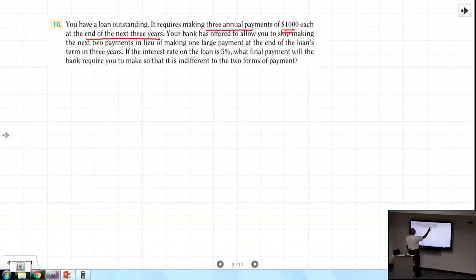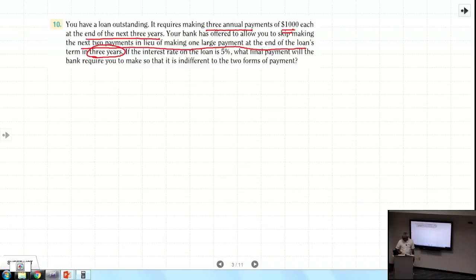Your bank has offered to allow you to skip making the next 2 payments in lieu of making 1 large payment at the end of the loan's term in 3 years. If your interest on the loan is 5%, what final payment will the bank require so that it is indifferent to the 2 forms of payment?